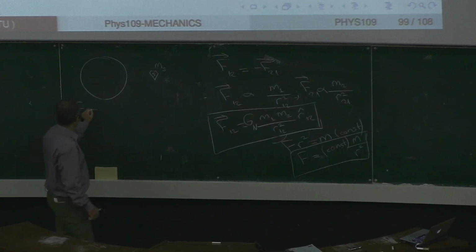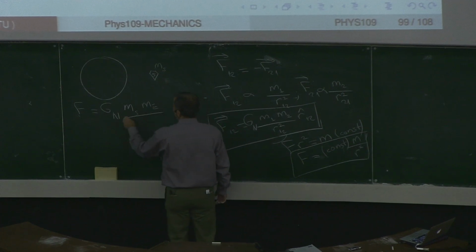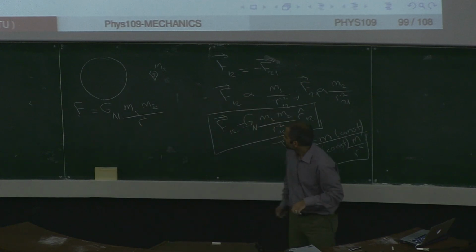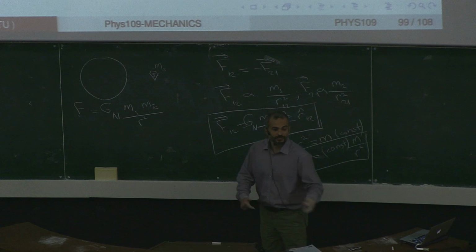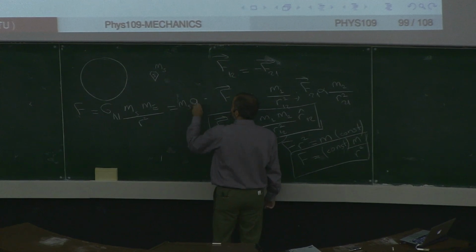Its magnitude is Newton's constant G, times the mass of Superman, times the mass of the Earth, divided by the distance from the center of the Earth squared. Newton's second law tells me that this should be equal to the mass of Superman times the acceleration of Superman.